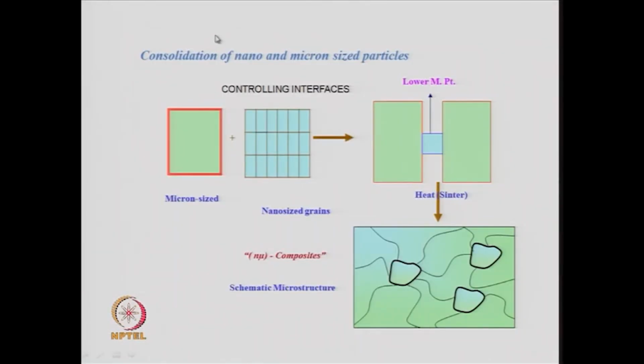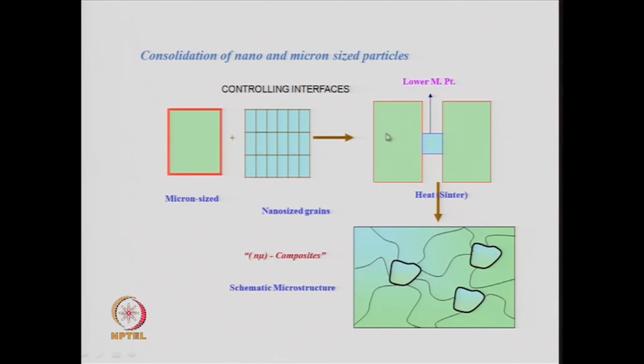Now, if you look at a mixture of micro-sized and nano-sized particles, you can make composites of nano and micron-sized particles. When you are adding micron and nano-sized particles of the same material, for example barium titanium oxide, you take micron-sized particles and nano-sized particles and you mix them.